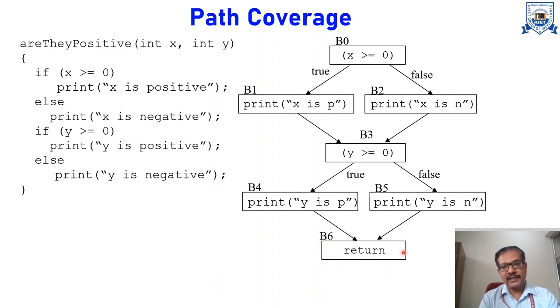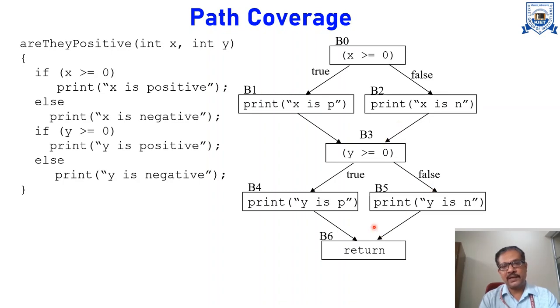So if you look at here, from the starting node, B0 is my initial node or the start node, and B6 is my end node or the last node or the terminal node, you can say also. How many paths are there from B0 to B6? B0, then B1, then B3, then B4 and B6. This is one path. B0, then B2, then B3, then B5, then B6.